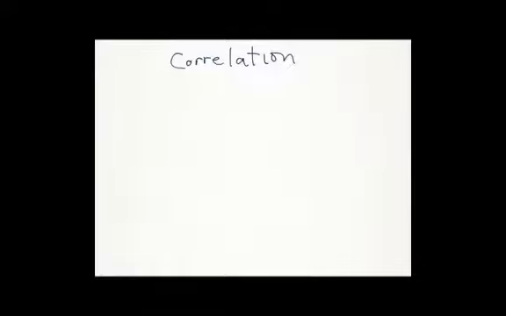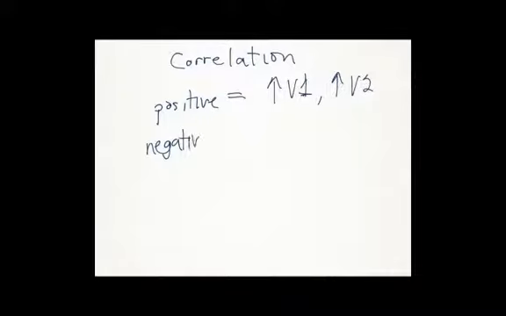A positive correlation means that as one variable goes up, let's say variable 1, then the other variable goes up, variable 2. A negative correlation, on the other hand, means that as one variable goes up, the other variable goes down.